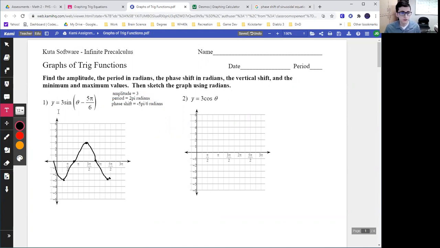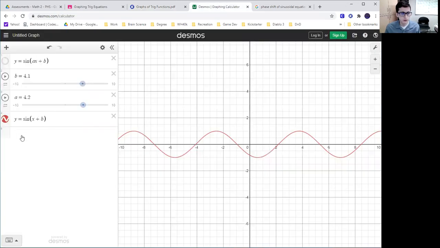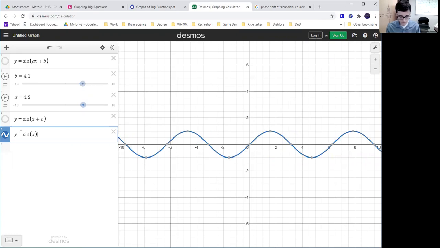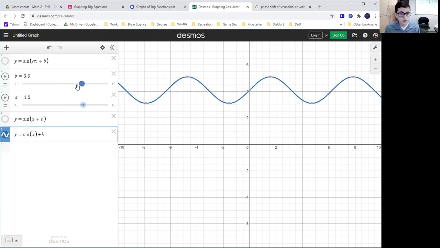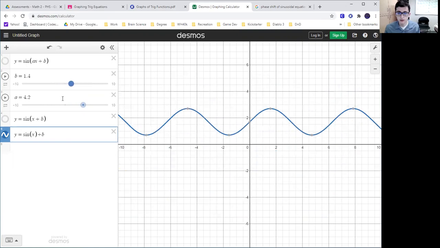The vertical shift, this graph does not have a vertical shift. So it doesn't slide up or down. Right? When we think of a vertical shift, that's going to be like this, right?